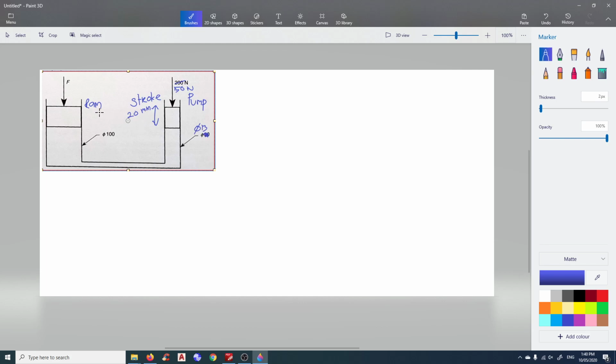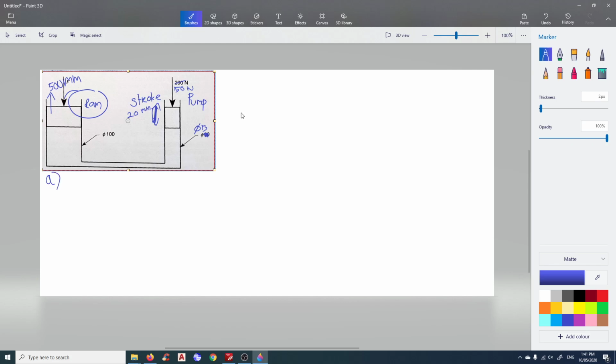The stroke is 20 mil, and we have the ram on the other side. We want to move the ram by 500 mil. So question C, how much does this pump have to go up and down to move the ram by 500 mil? Let's have a look at question A first.